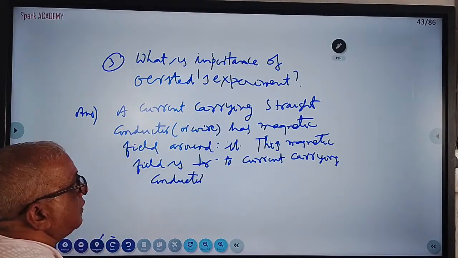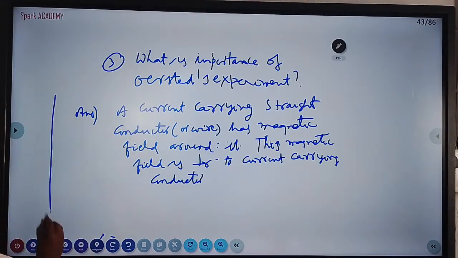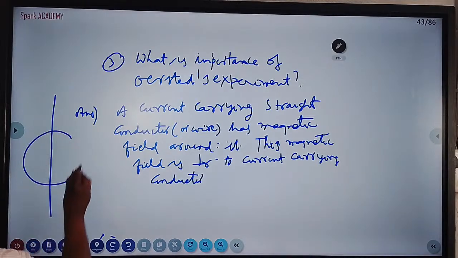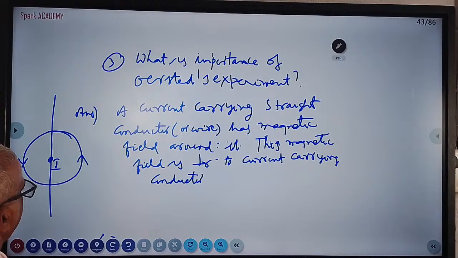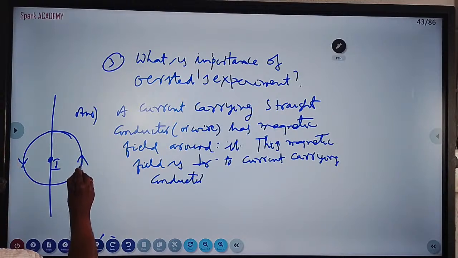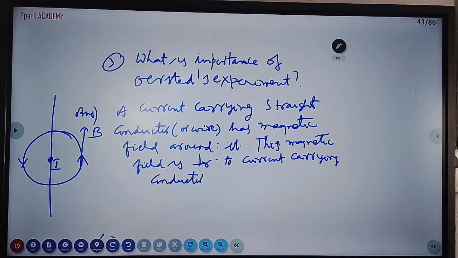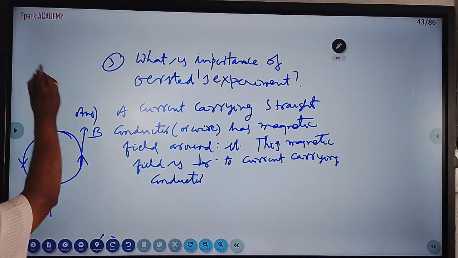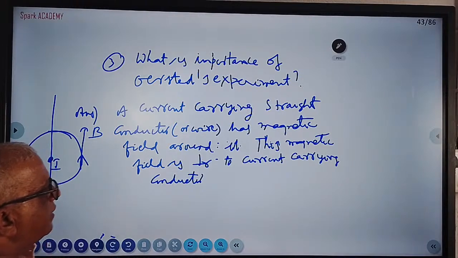So there is a conductor, and the magnetic field will be circular like this. The current is going upward. Here the magnetic field will be tangential like this. B is the magnetic field. This is a current carrying long conductor, a very long conductor, with radial symmetry.